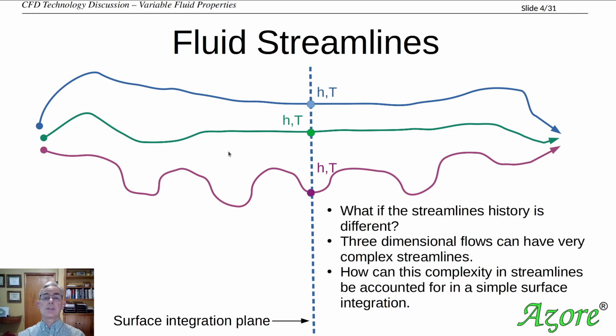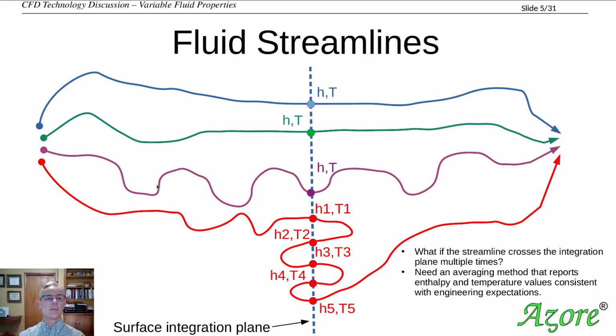And in three-dimensional flows, and CFD tools are very good at looking at three-dimensional flows, the fluid path lines can be quite complex before they cross over that barrier, or even how they cross over that barrier. So we need an integration method that can really account for complex histories of fluid streamlines or path lines. So here's another one that is even more complex, this red line.